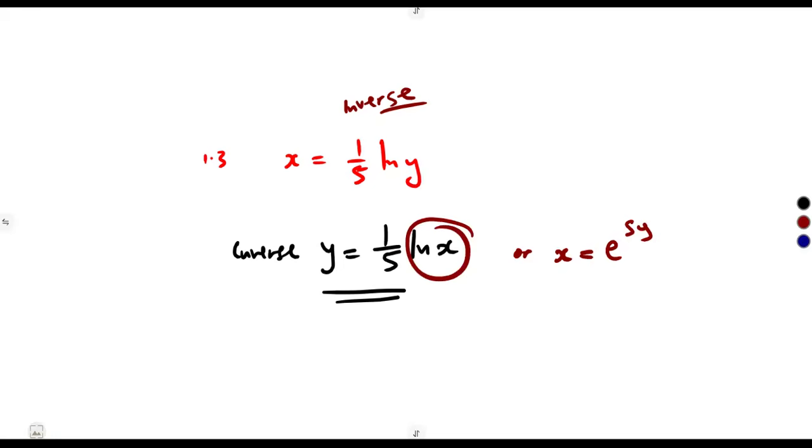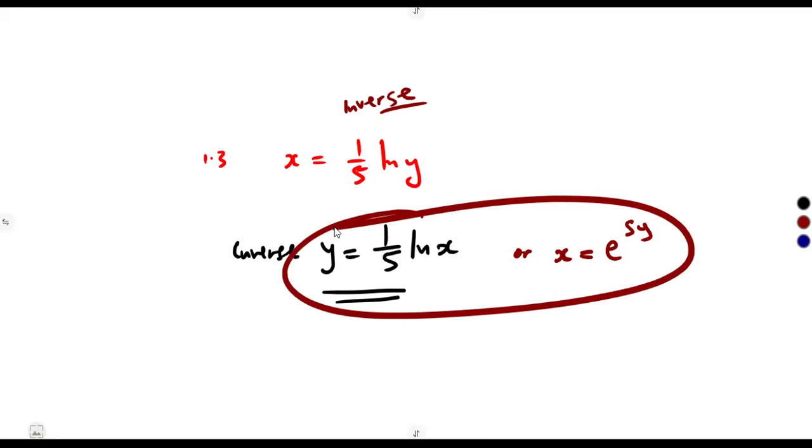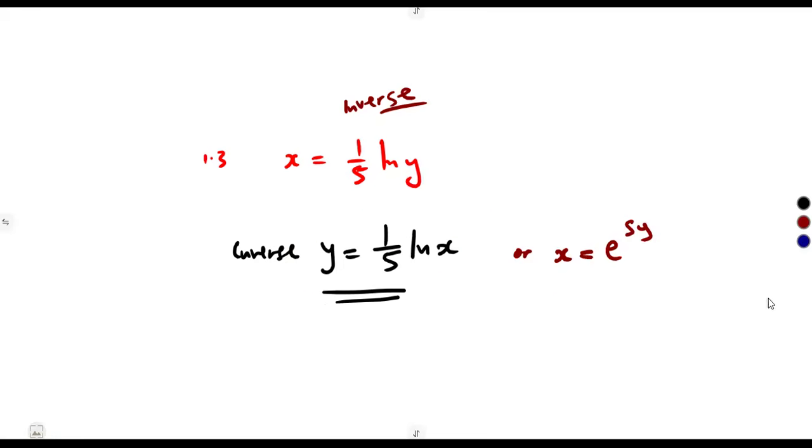These two are just the same. Like I said, making X the subject from what you are given does not affect your graph. Interchanging X and Y, that is the one that affects your graph to make the inverse. So these two, guys, are the same thing.